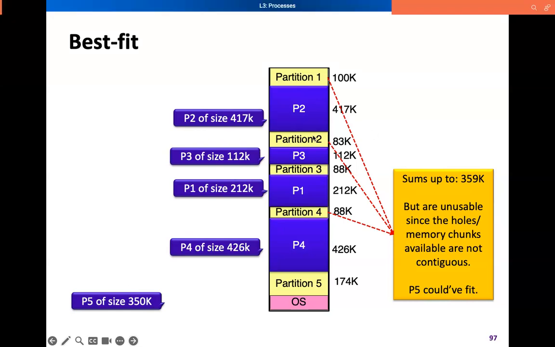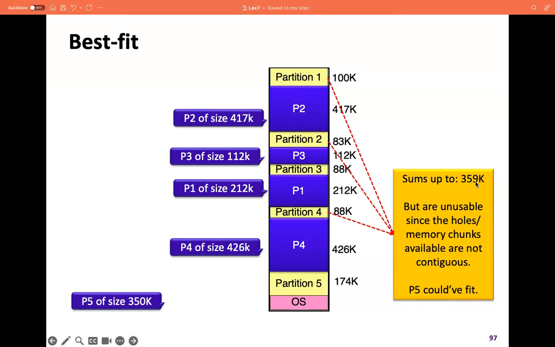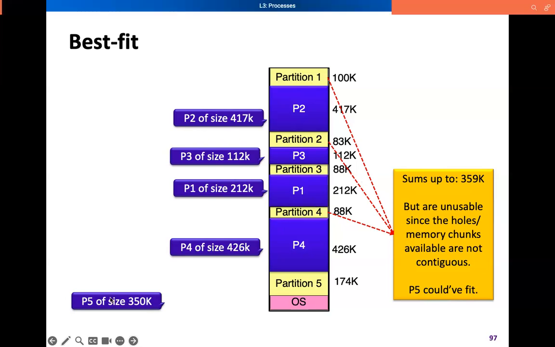But if we look at these small non-contiguous blocks of memory, they all sum up to 359K. So partitions 1, 2, 3, and then 4 sum up to 359K. But these are unusable since the holes or the memory chunks are not contiguous. P5 could have fit if they were clumped together, or in a contiguous order.